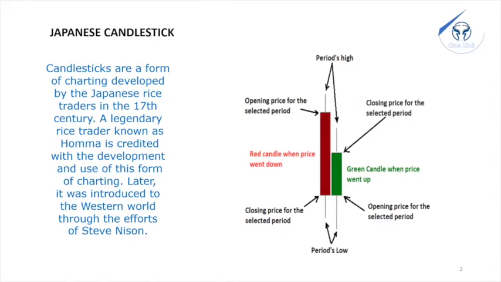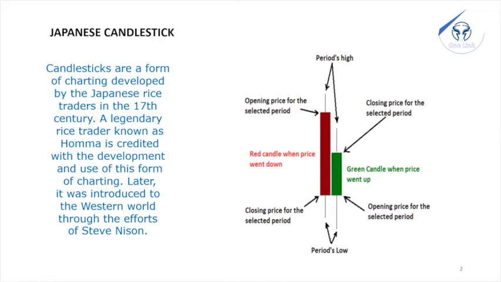The legendary rice trader known as Homma is credited with the development and use of this form of charting, and later it was introduced to the Western world through the efforts of Steve Nison.